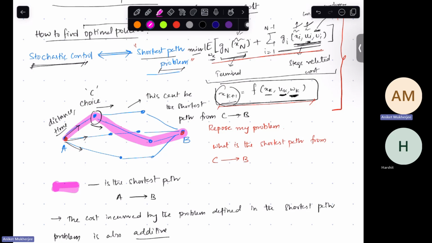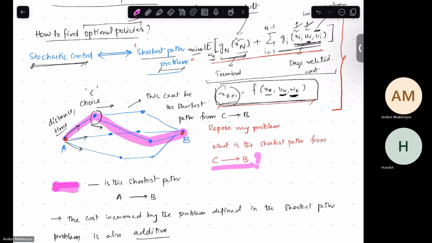Now I repose the problem as I don't want the shortest path from A to B. I want to find the shortest path from C to B. What is the shortest path from C to B? Right. The shortest path from C to B, and C is an intermediate node in the optimal path that I've given you.